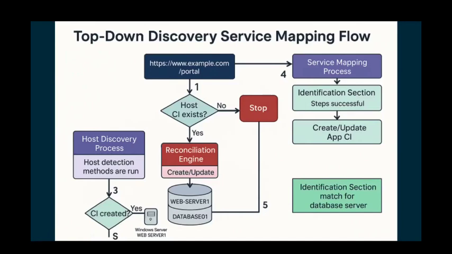From there, the mapping process continues into the identification section. This is where pattern matching happens. For example, if the system detects a web server or a database, it checks against patterns to validate and update the application record.